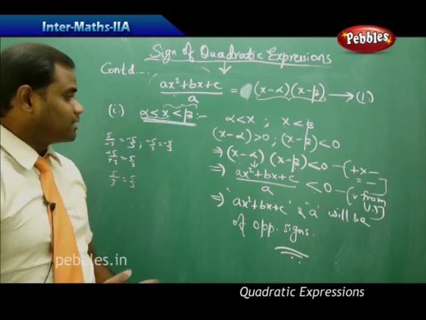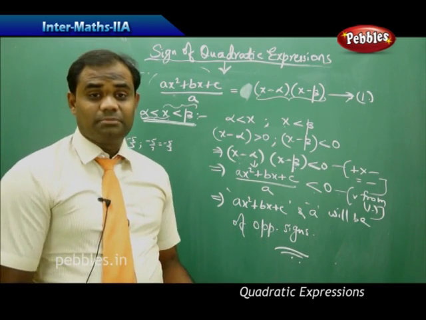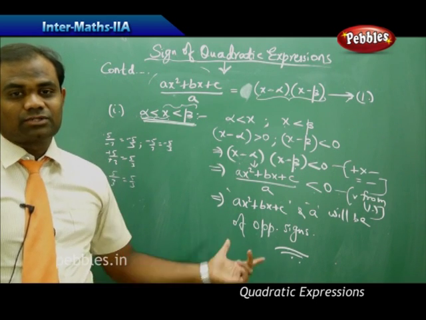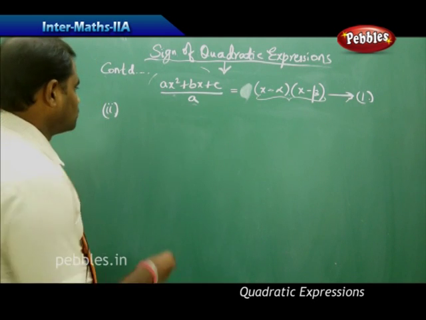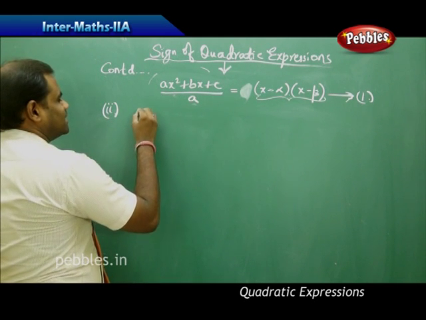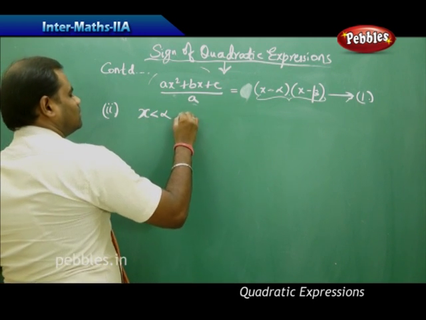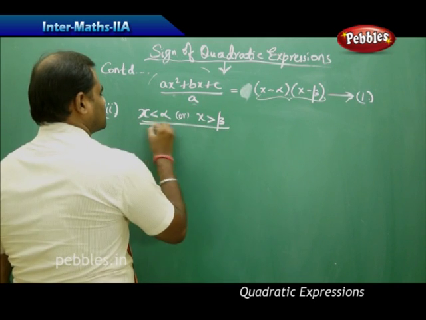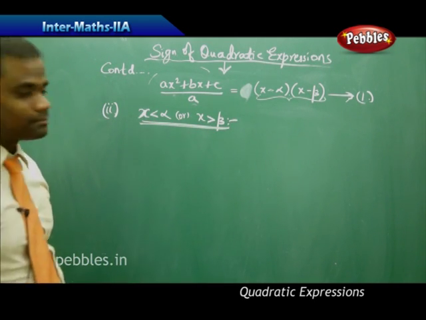Similarly, let's take case 2 and see if we can get this to be of same signs or opposite signs. So proceeding similarly as case 1, let's continue with case 2, which says that x is less than alpha or x is greater than beta, is what we're going to consider and prove for the sign change.